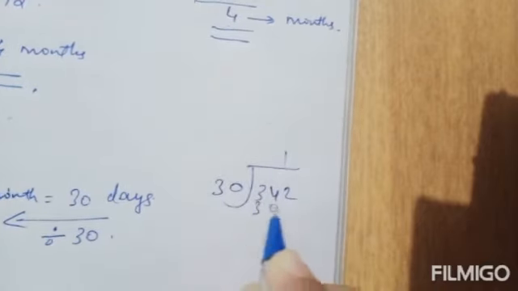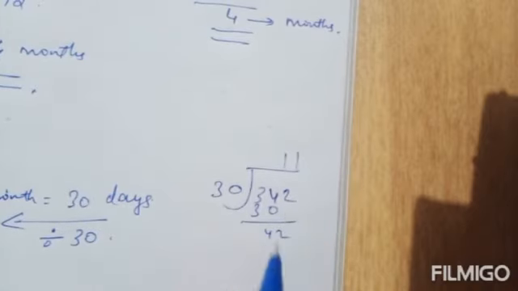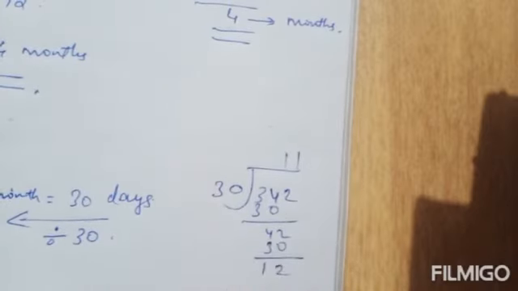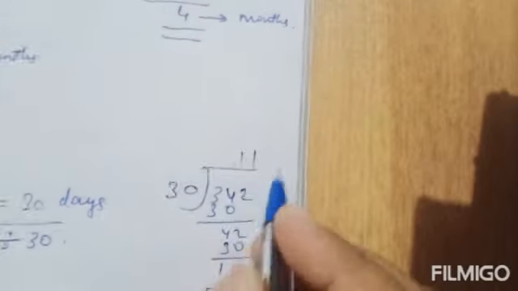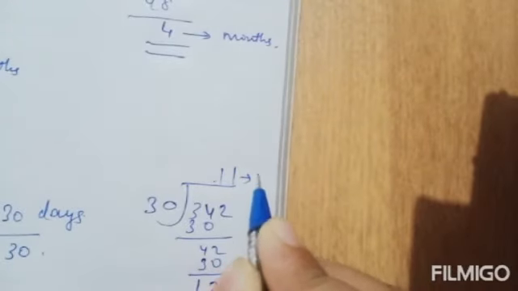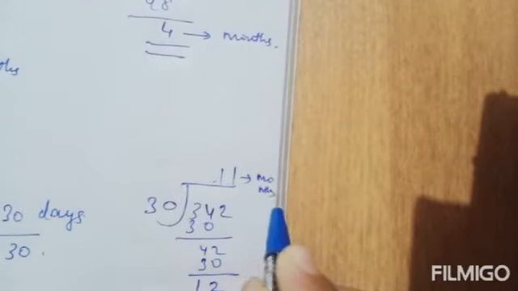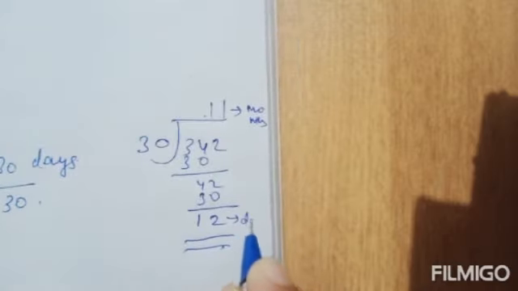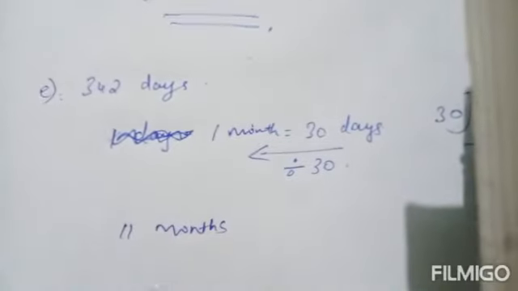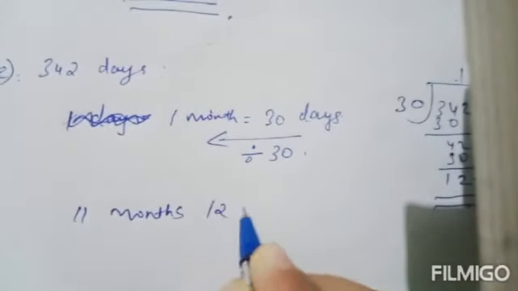What you will get? 30 into 1, 30, 42. Again 30 into 1, 30. You will get 12. So quotient, these many months will be there. Okay, remainder, these many days will be there. So 342 days, it is 11 months, 12 days.